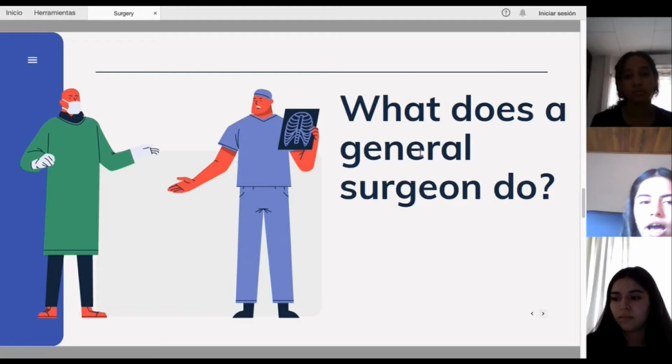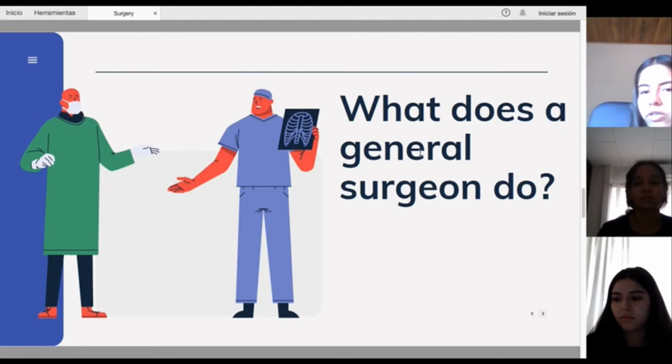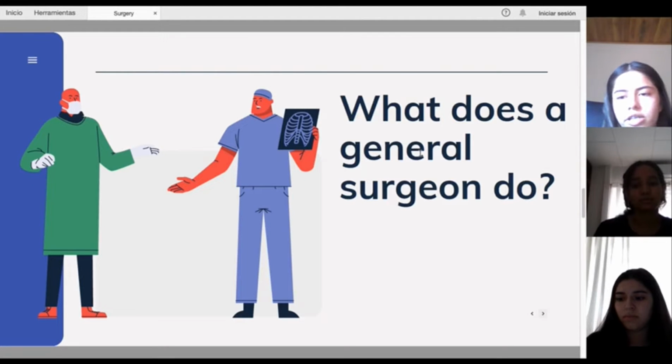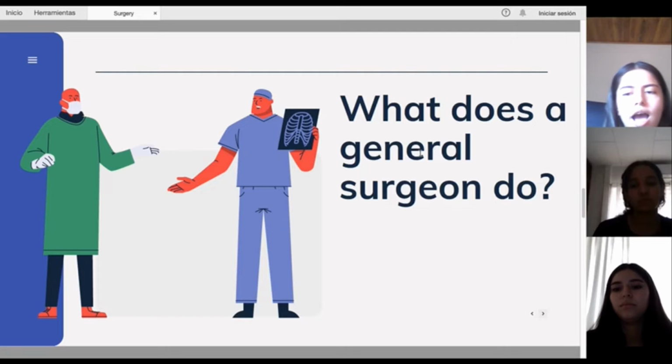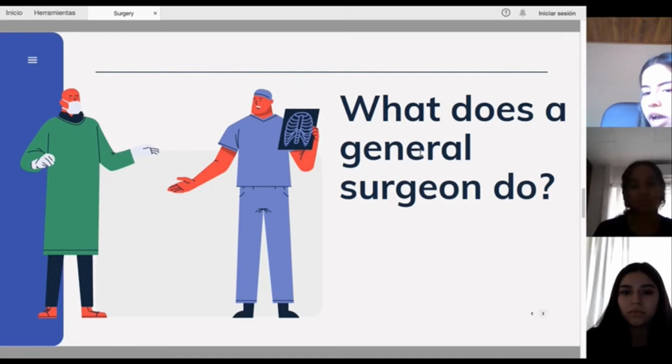What does a general surgeon do? General surgery diagnoses and surgically treats different pathologies that can be located in the digestive system, the diseases of the esophagus, stomach, small intestine, colon, and rectum.